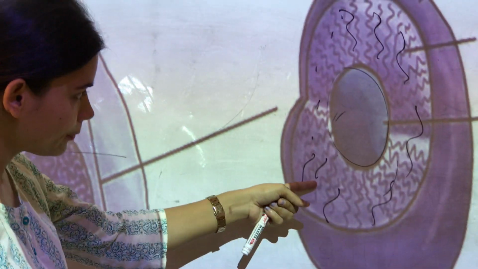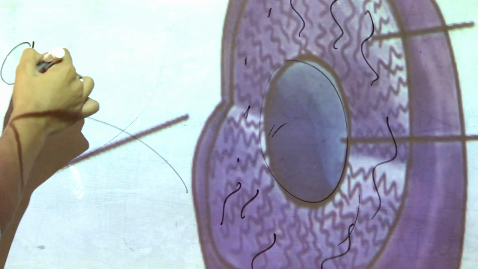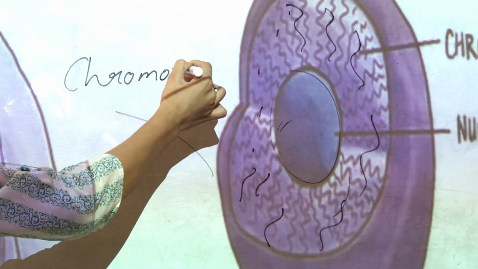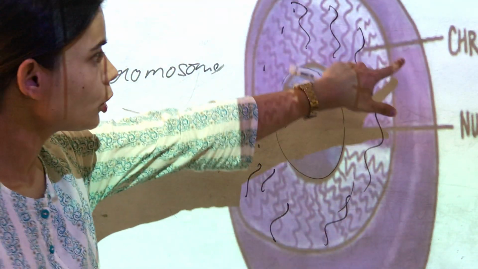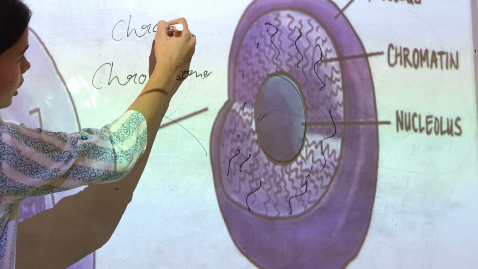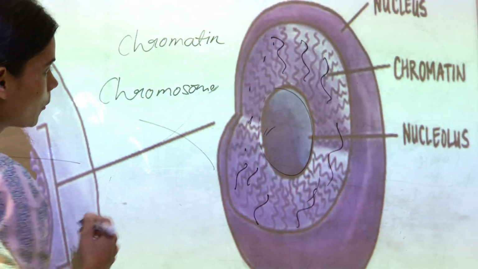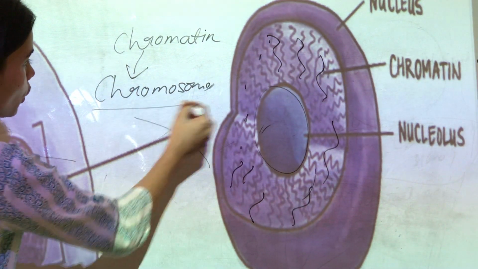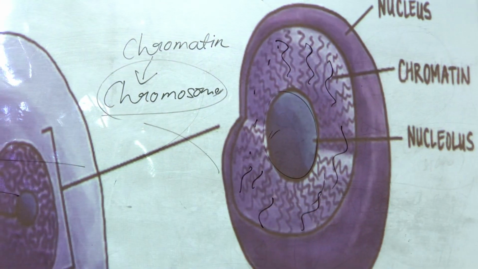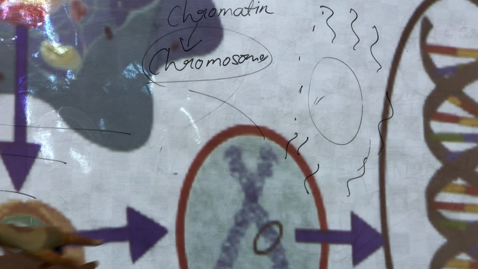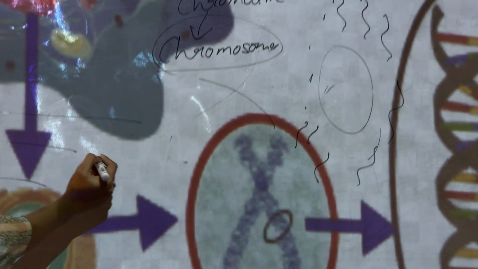If you zoom in, you will see that these thread-like structures are called chromosomes, which are actually chromatin. There is a type of protein which later forms chromosomes. So these chromosomes actually contain DNA or genes.